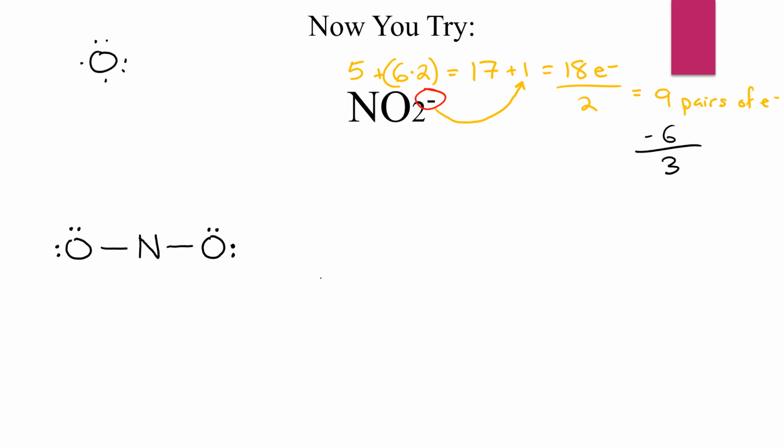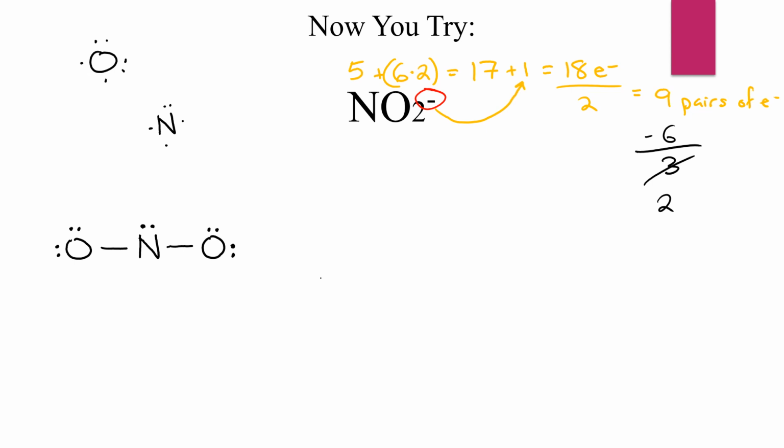Now I'm going to take a look at nitrogen. Nitrogen's normal Lewis dot diagram has it having 1 lone pair. So I'm going to be placing one of those lone pairs here. So now I'm at 2. So let's see, y'all.